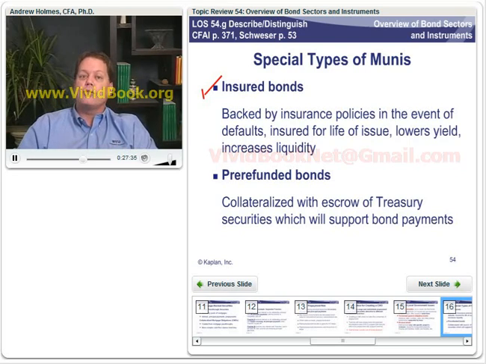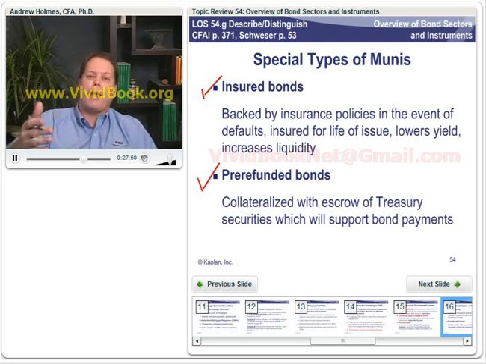There's also something called a pre-refunded bond, which I always thought was a terrible term, but nonetheless, here's how it would work. So let's suppose that you are working on a city government project. So you sit on city council, you work for the city of Los Angeles, and you are anticipating some issuance of new bonds this year in order to fund some sort of new public works project.